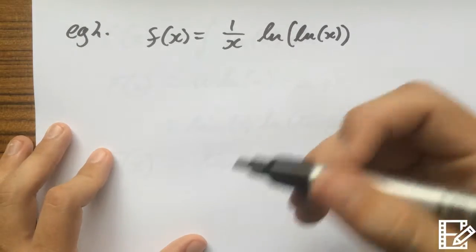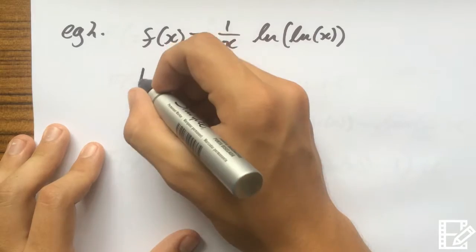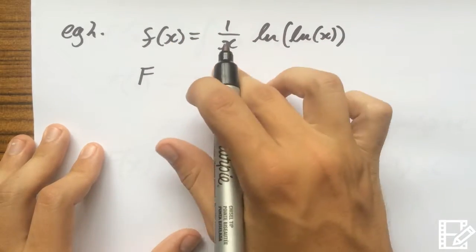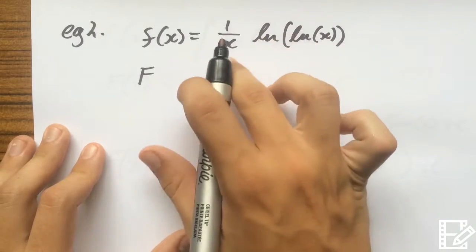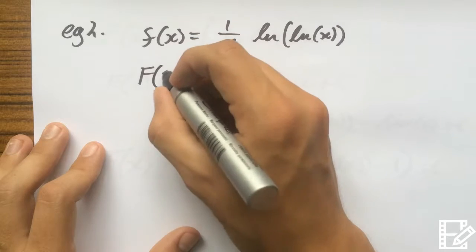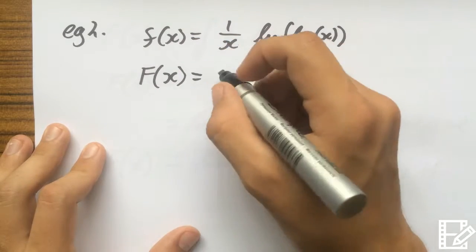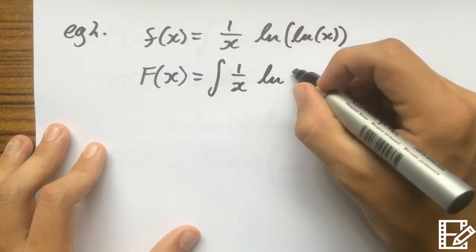The answer is yes. If you can't see it, that's fine. Practice. But first, because it's a function times a function, and we can derive something, if we derive something, we can eliminate something, then we use substitution. So, we find the integral of both sides, capital F, and the integral of this side will look like this.